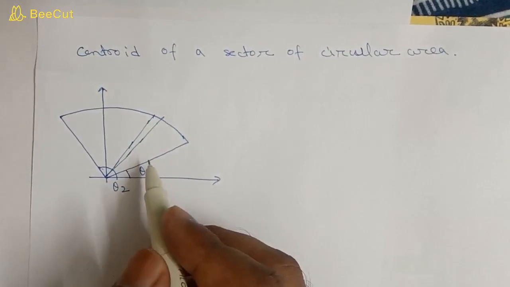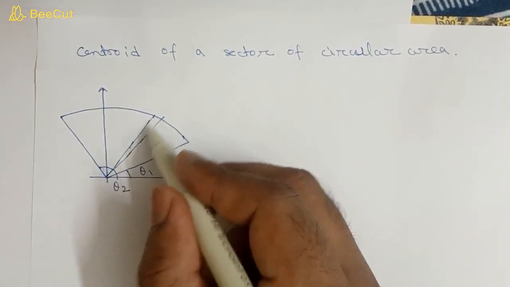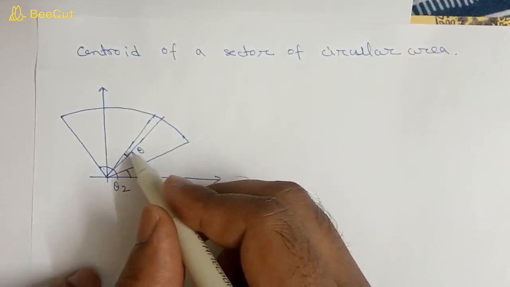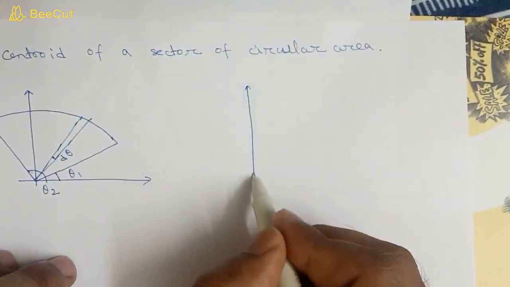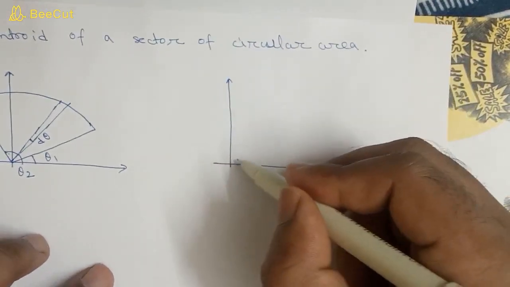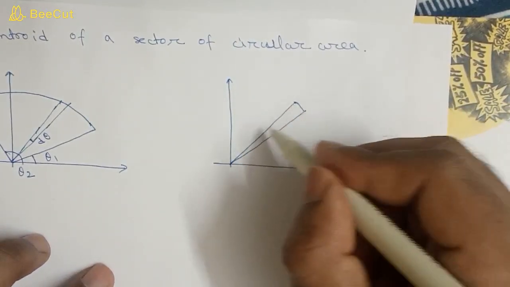First of all we will select a very small portion, this one, and this is d theta angle. We will draw it separately for understanding. We have selected this d theta angle.